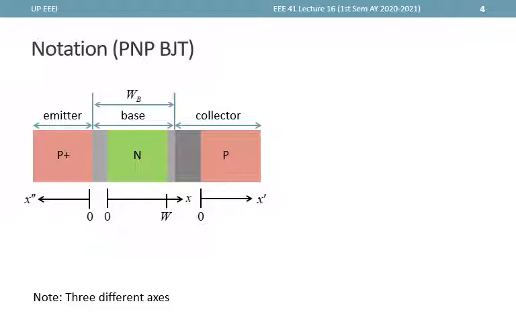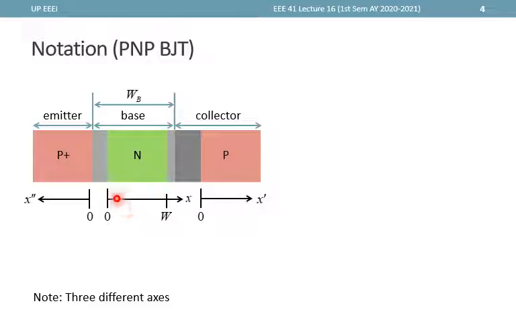The analysis that we'll present in this lecture is specifically for PNP, but we'll also show the corresponding equations for NPN. So we'll assume that the emitter is at the left and the collector is at the right. The metallurgical width of the base, or its physical width, is WB, and its effective width is W. Since we now have three regions, we now define three different axes.